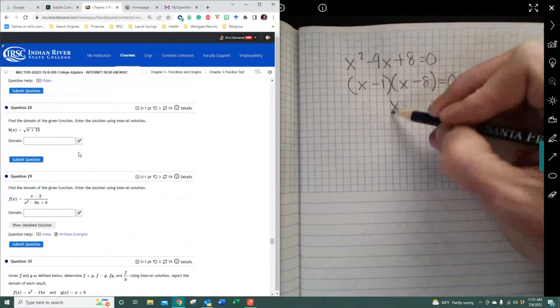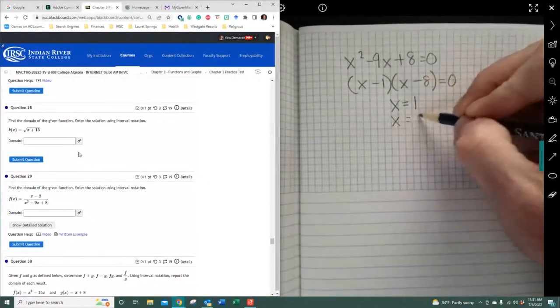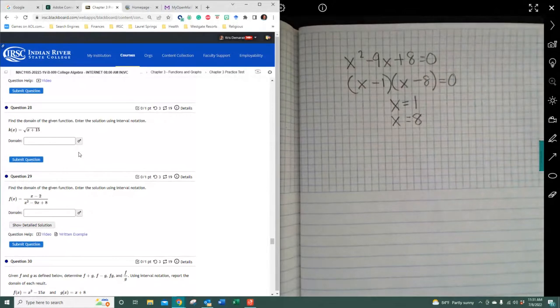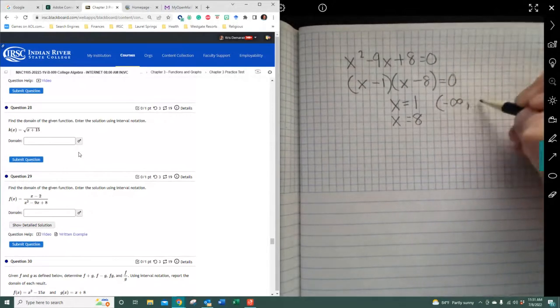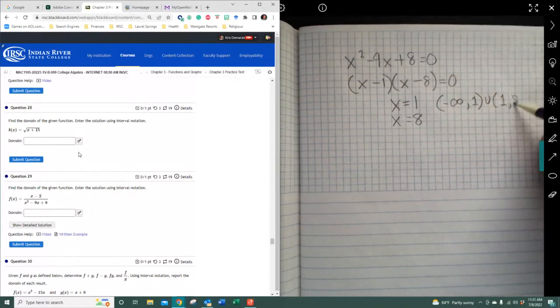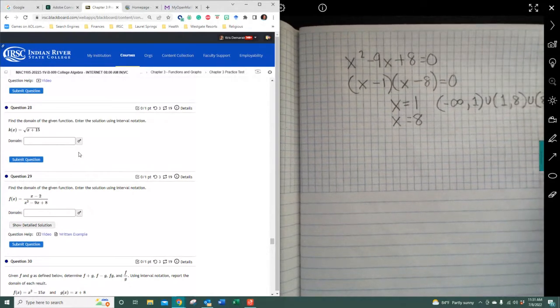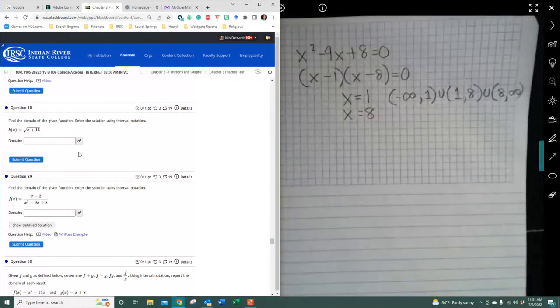And then we're going to say x equals 1 and x equals 8. Now to write that, all you've got to do is say negative infinity all the way through 1, but then jump over 1, pick it back up after 1, go all the way to 8, and then jump over 8 and pick it back up and go to infinity. So that's how you do that one. That's going to be the answer.